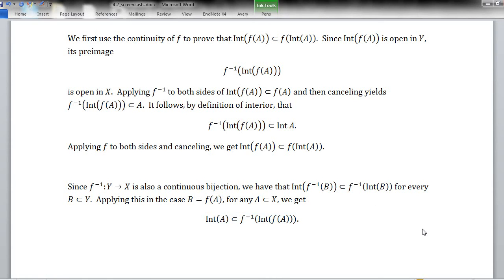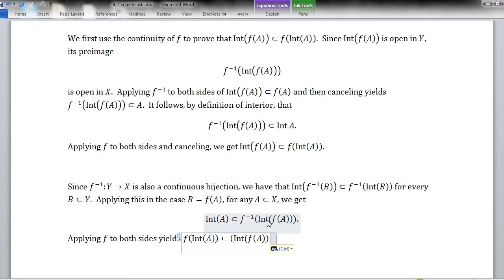Applying function f to both sides yields f of the interior of A is a subset of, and then f of this side will just cancel that f inverse, leaving the interior of f of A. Something funny is happening with parentheses there, but good enough.